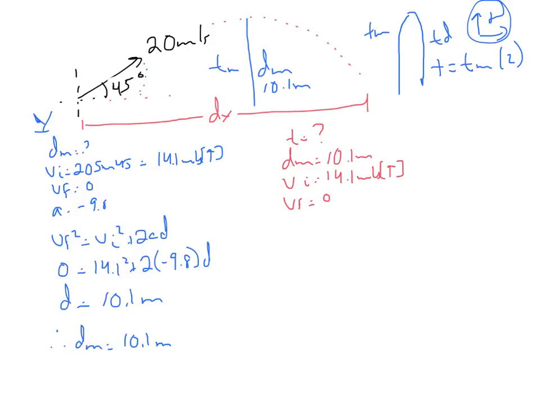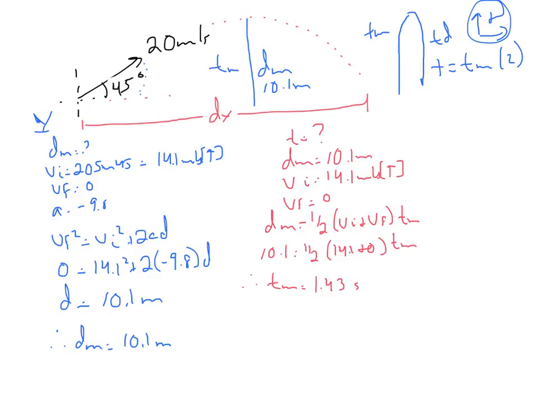So let's use the equation dm equals 1/2 times Vi plus Vf times time. 10.1 equals 1/2 times 14.1 plus 0 times tm, and therefore tm is 1.43 seconds.